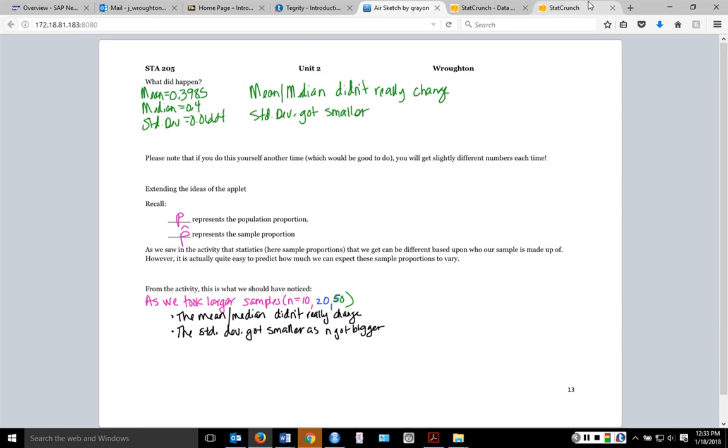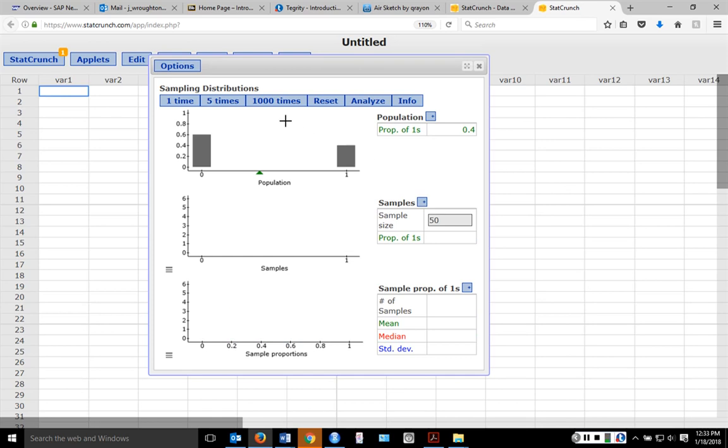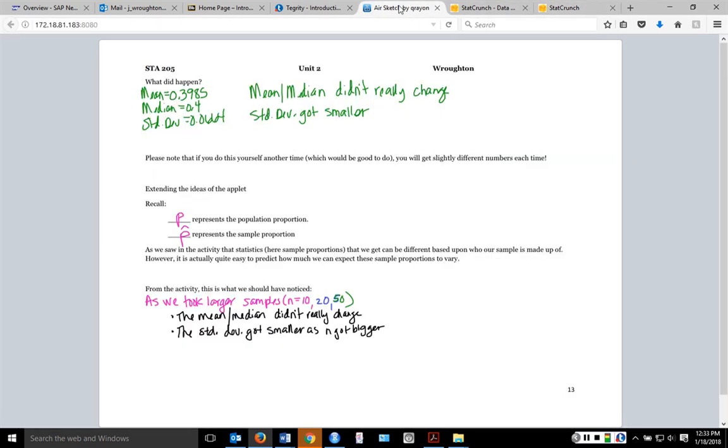The last thing we should have noticed is if you look at this plot, especially once I change my sample back to that 50 that we did, our graph has this symmetric, bell-shaped, normal picture that we've seen before, right?